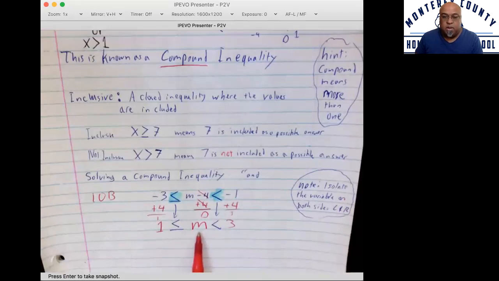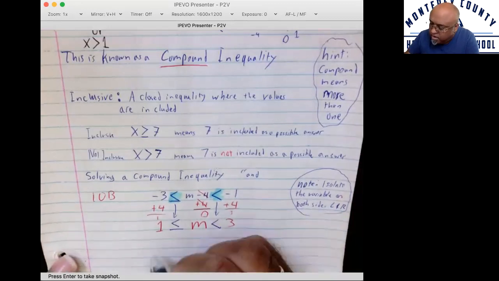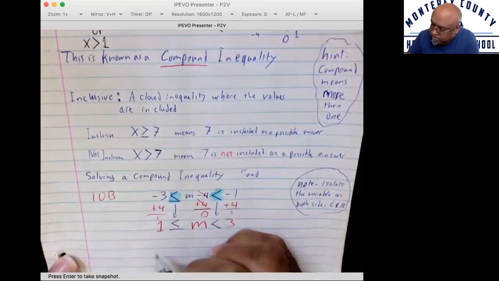Now, the first thing I want to check is, is my variable isolated? Yes, meaning that the only thing next to the variable would be the inequality or equal signs. So it is isolated. There's nothing left to do, okay? In that respect, the next thing I would need to consider is how on earth would I graph this?